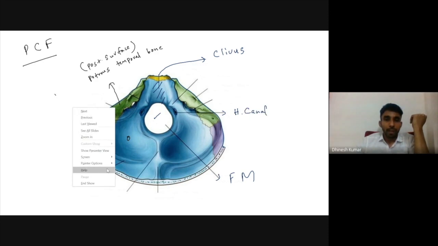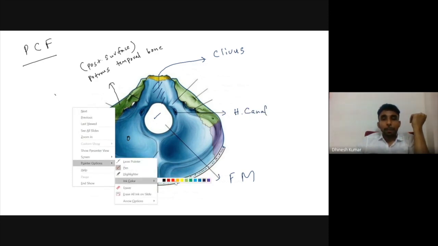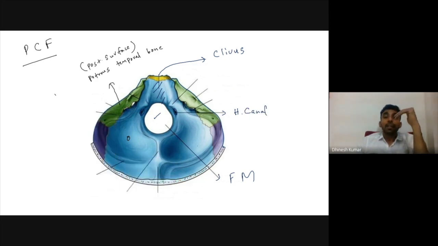Now, if you see the posterior surface of the petrous temporal bone, you can see one opening within the posterior surface of the petrous temporal bone, both sides. Any idea about these two openings I have marked? Yes, internal acoustic meatus. Fine.